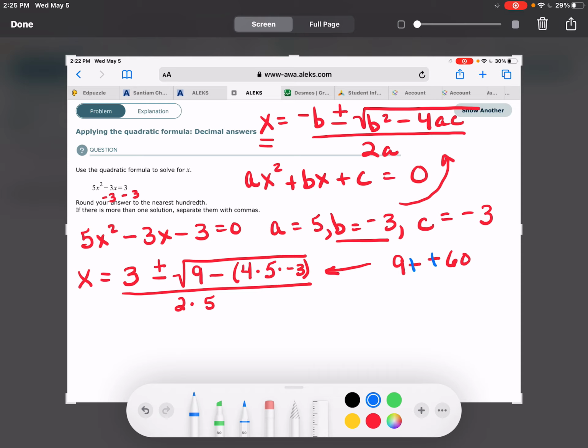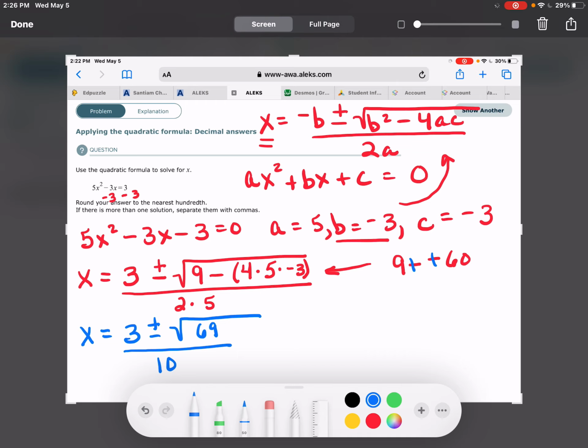And so what we have is x equals 3 plus or minus the square root of 69 all over 10. That is my exact answer, but they say round your answer to the nearest hundredth.